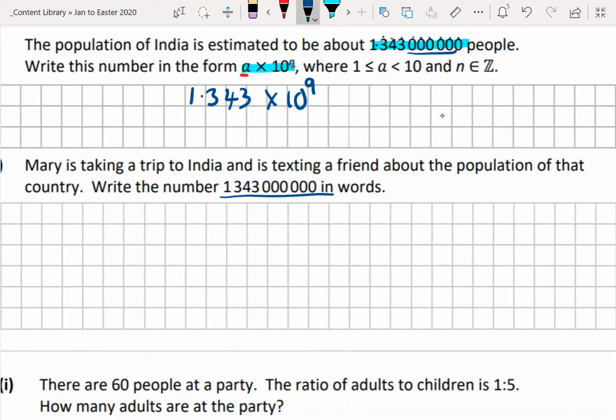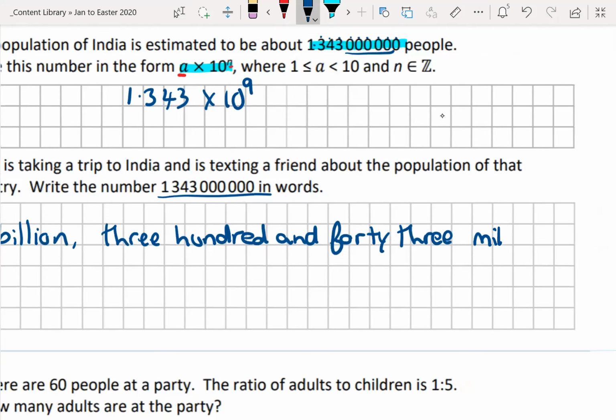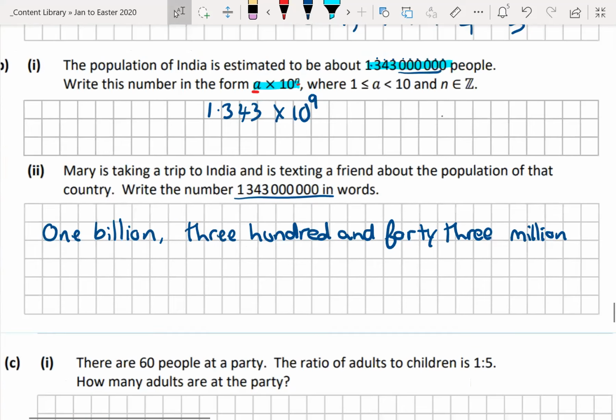It's 1 billion, 300 million, 343 million. That's it. So 1 billion. Maybe instead of 1 there, I should put in the word one. 1,343,000,000.